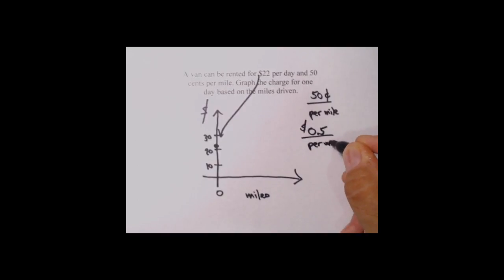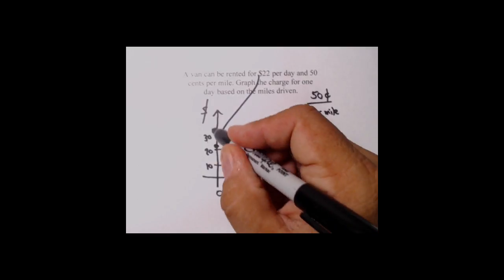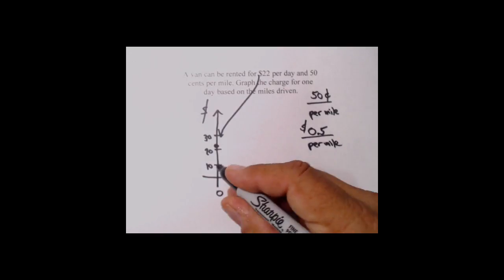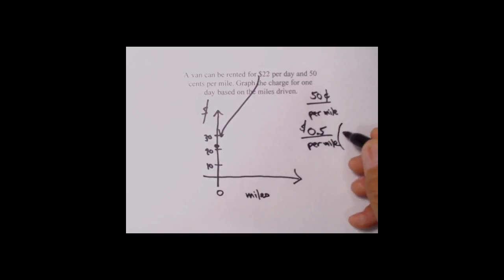That way we can then plot it right on our axis right here. Well, what would be good on this would be to have a rate for more than 1 mile to make it a little bit easier to graph. So let's say that we multiply top and bottom by 10 here to get us 10 miles. And then what we'd have then is that would be $5 per 10 miles.